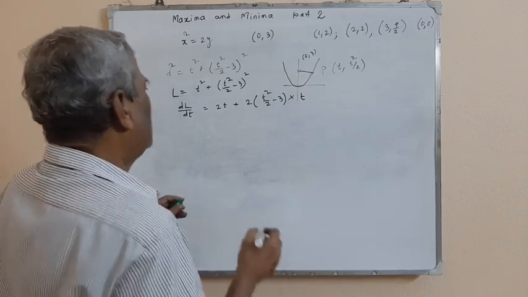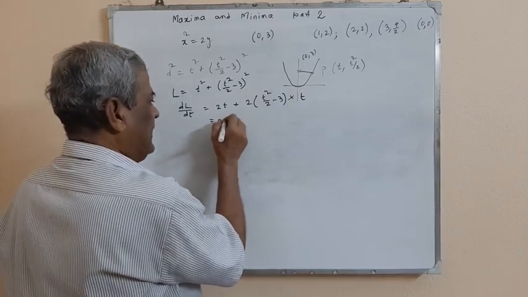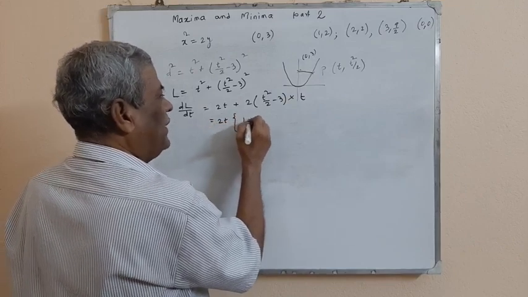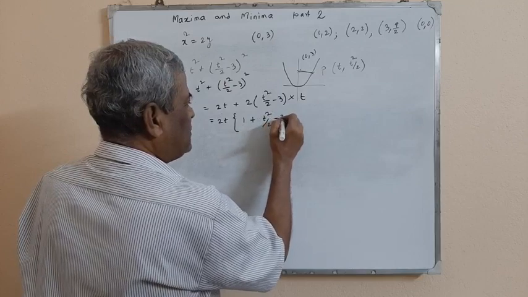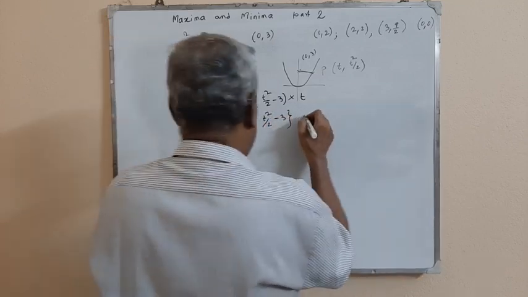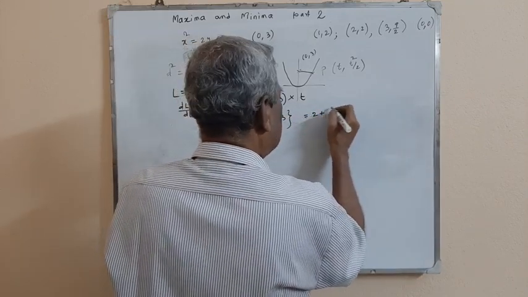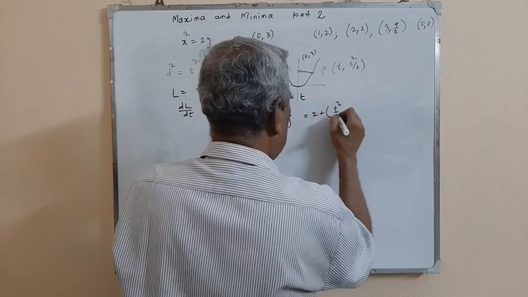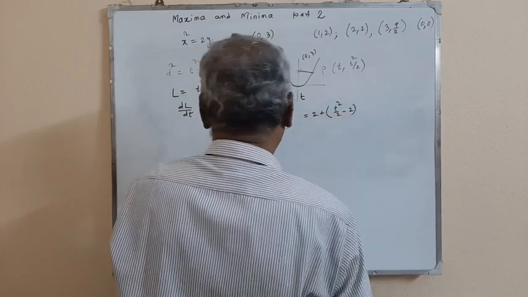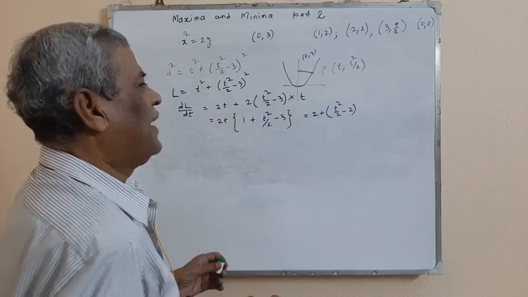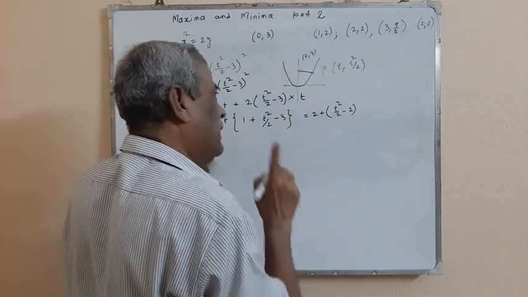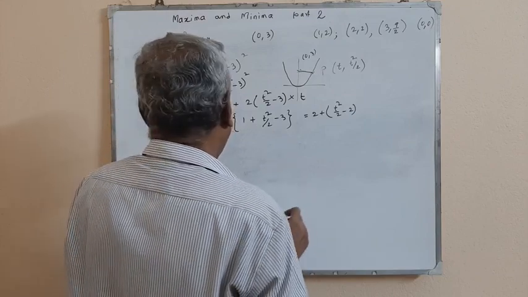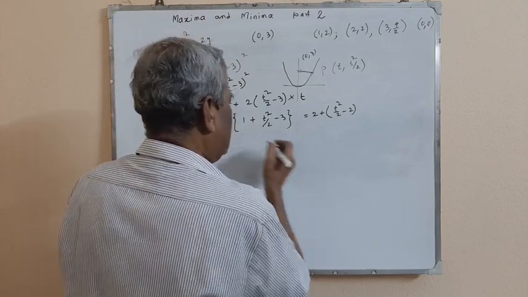So it is equal to 2t into 1 plus t square by 2 minus 3. For maximum or minimum distance, the derivative dL/dt must vanish.